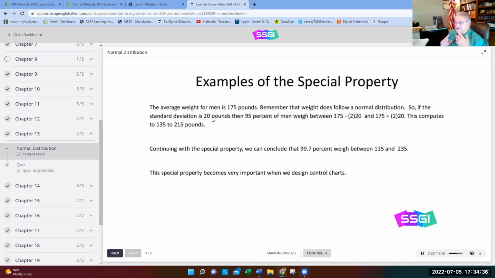And then for everybody else, the second standard deviation, it would be 20 added to each of them, so it would be 135 to 215 pounds. So you can get about 99.7%. You can guess somebody's weight, if they're a male, being between 115 and 235 pounds. Now, there are going to be people that are heavier or lighter than that, but 99.7% of the males in the US are in that bracket.